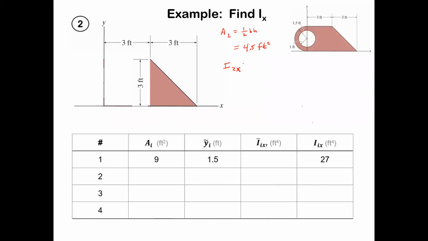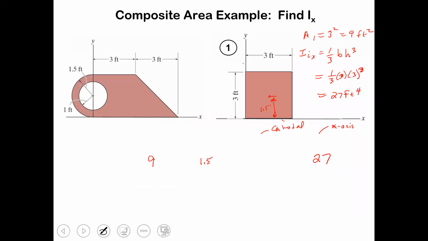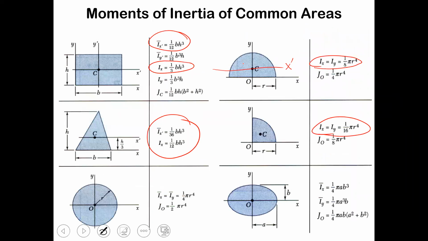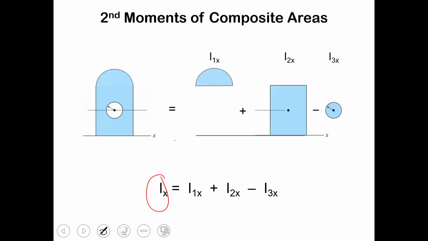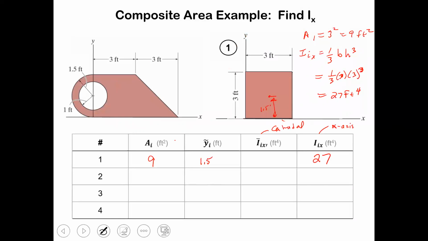And therefore, we know from this previous example, we're just given this formula here: the moment of inertia of a triangle about its base is 1/12 b h cubed. So you'll be referring to those tables a lot, right?